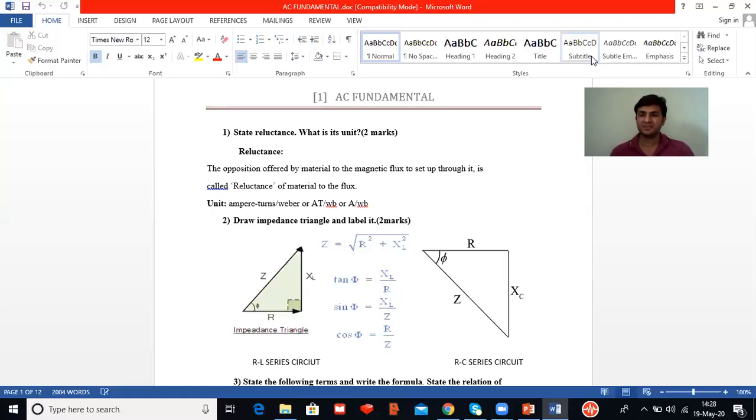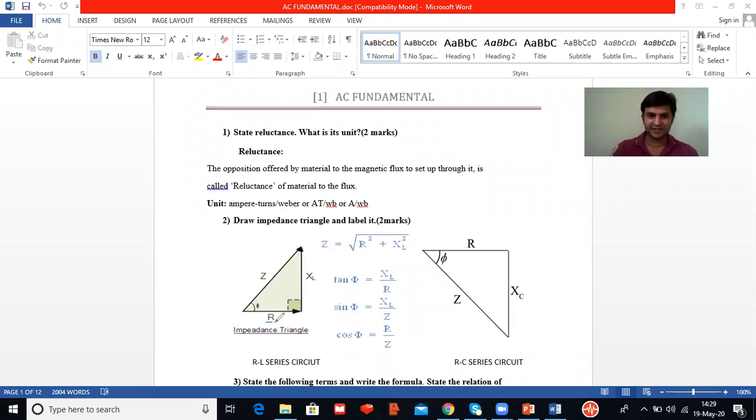The second question asked for 2 marks is the impedance triangle. See here, this triangle is given.